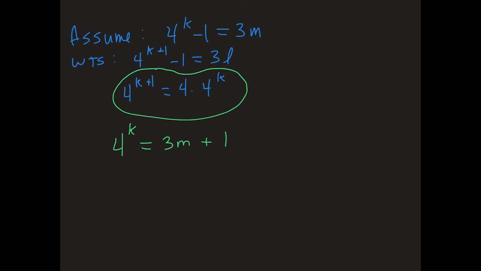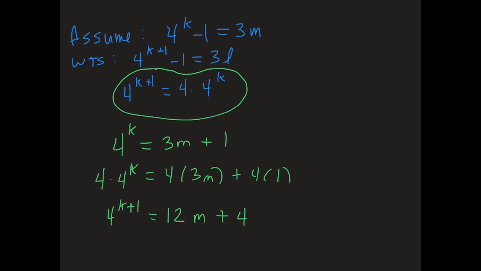Well, I want to get to 4 to the k plus 1, but that's just 4 times 4 to the k. So maybe multiply both sides by 4 and get 4 times 4 to the k equals 4 times 3m plus 4 times 1. That is 4 to the k plus 1 is equal to 12m plus 4.